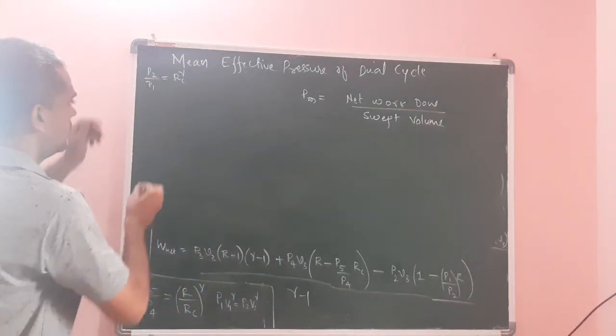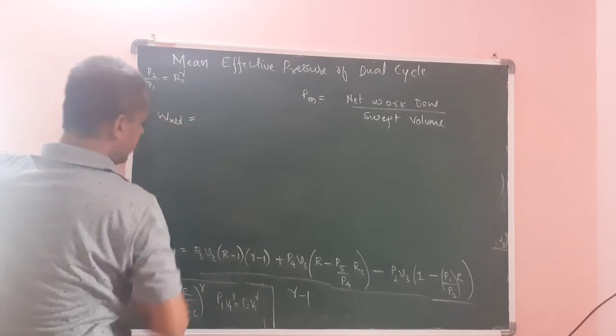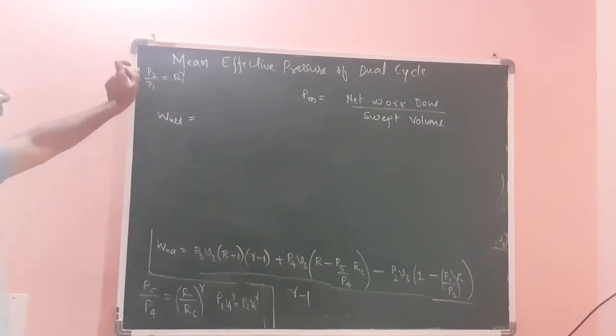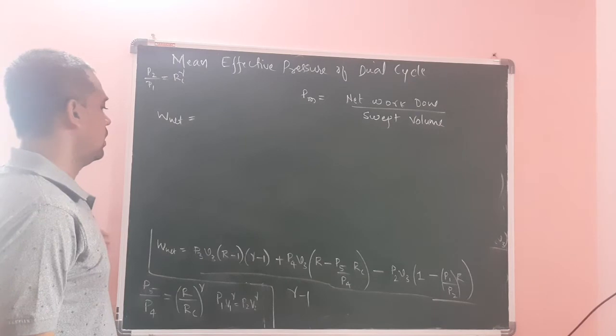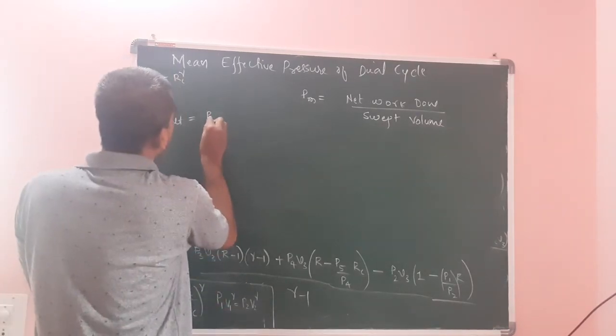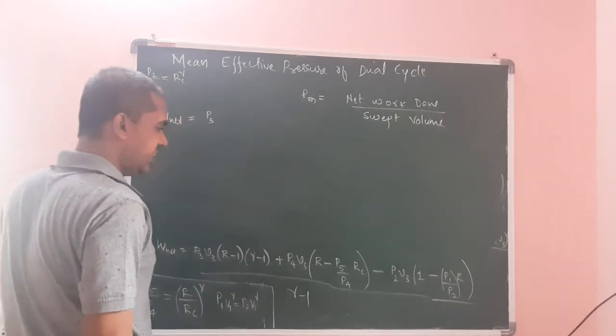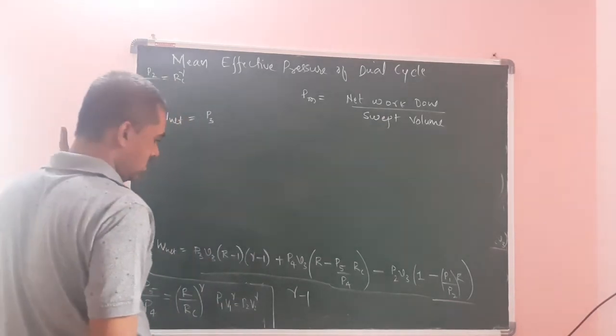Therefore W net will be equal to, I can take some more commons here. I can take P3 as common.